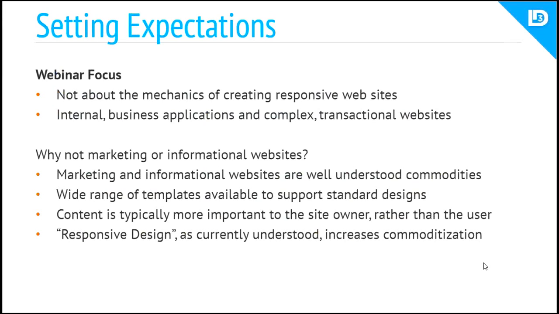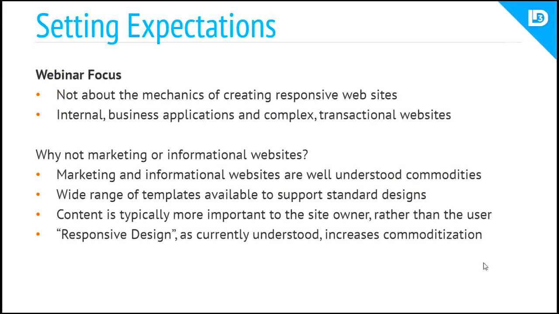In addition, the content of these sites is typically more important to the site owner rather than the user. Use Starbucks, for example. I'm sure there's a lot of content on the Starbucks website that is important to somebody at Starbucks, otherwise it wouldn't be on the website, that perhaps is only of marginal importance to me.